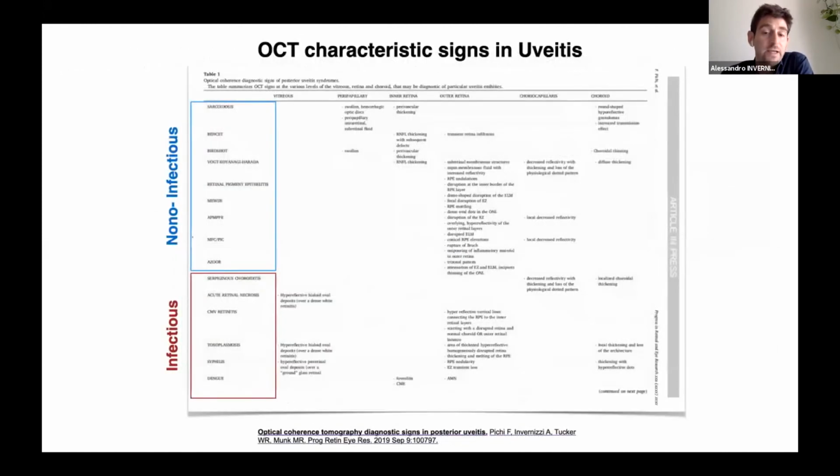So as I said, I cannot go through all the uveitis and their features on OCT, but you can find everything in this beautiful review that Francesco, Marian, and I co-authored, where you find the list of non-infectious and infectious uveitis and the OCT features.